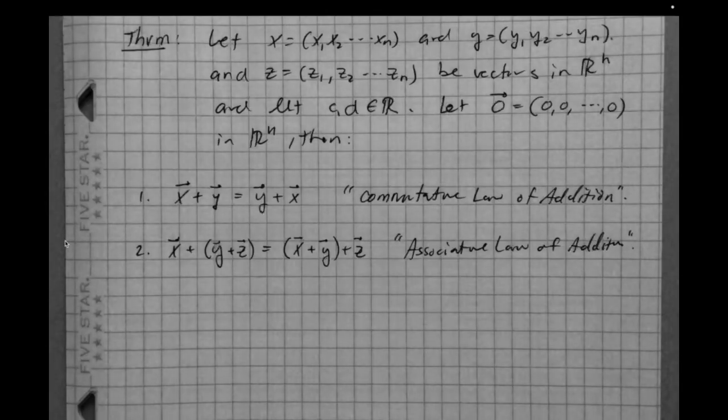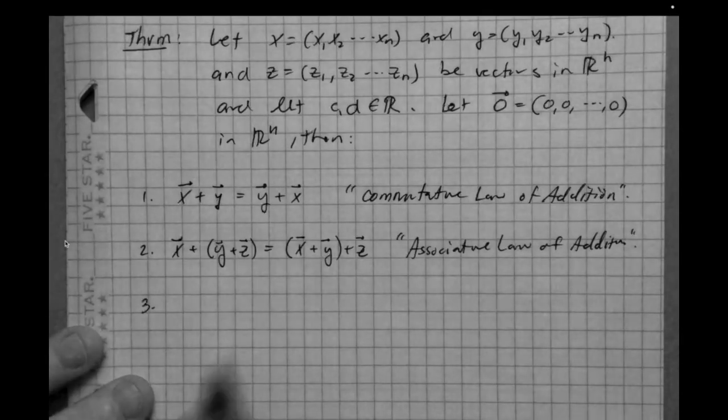Important to say that of addition piece, because we also have associativity for multiplication and commutativity for multiplication. Okay, and so that's that one, right? So 2 plus 3 plus 4 is the same as 2 plus 3 plus 4, same idea, same principle here.